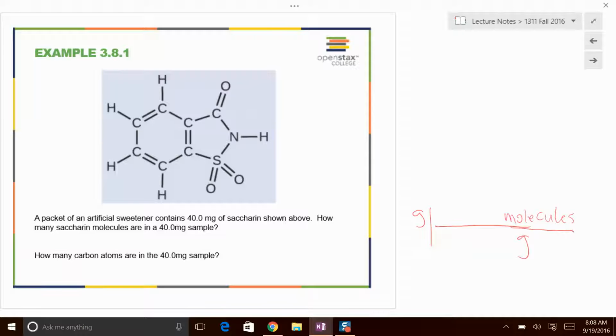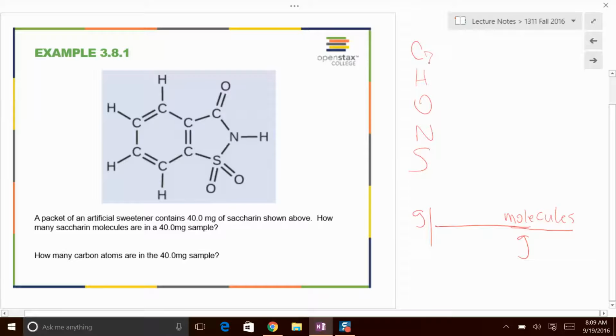What are the elements that are in this compound? Carbon, hydrogen, oxygen, nitrogen, sulfur. So, 1, 2, 3, 4, 5, 6, 7 carbons. If you disagree with me, please tell me, because it's possible I counted wrong.